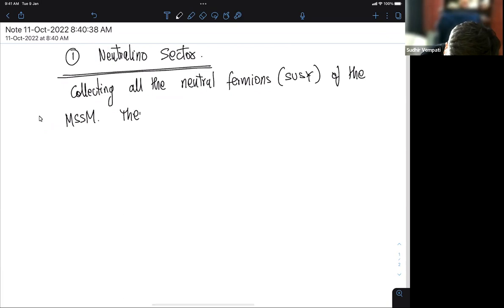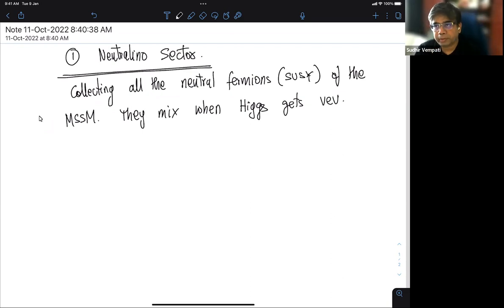They mix when the Higgs gets a vacuum expectation value. When the Higgs fields get a vacuum expectation value, the neutral components which are there start mixing.